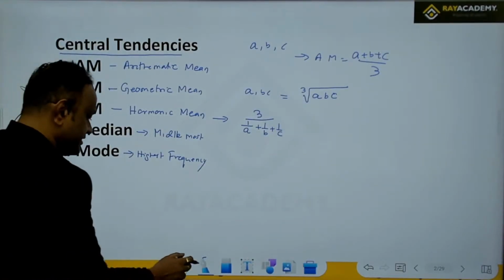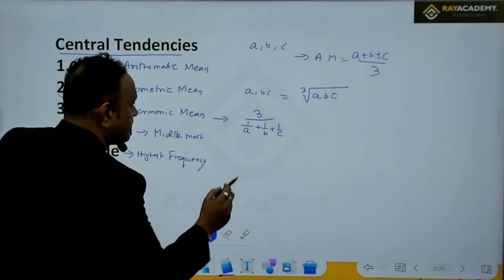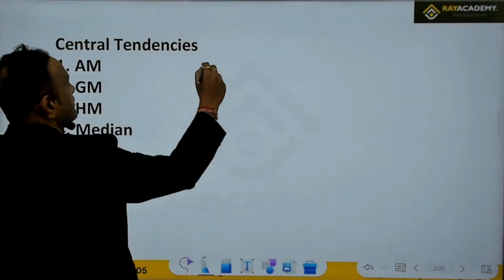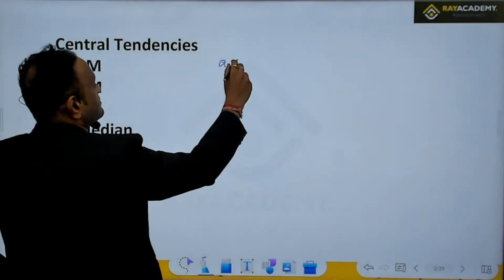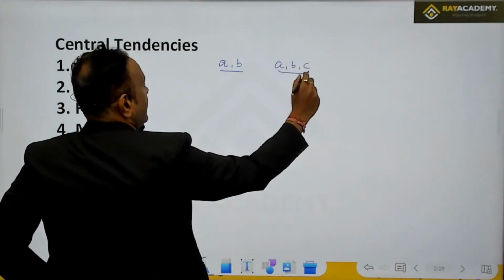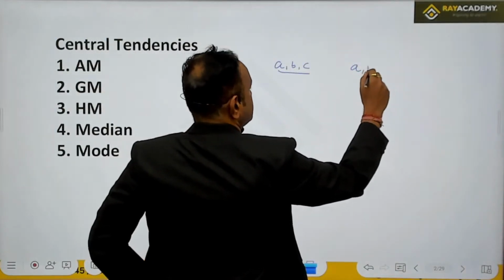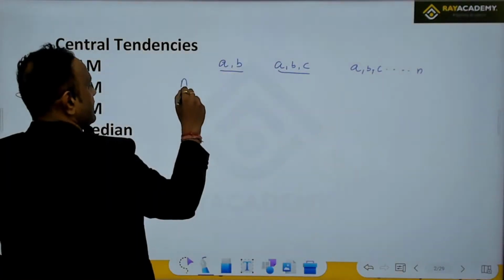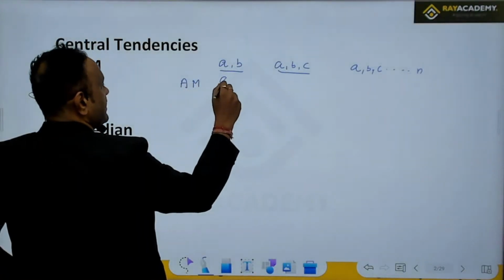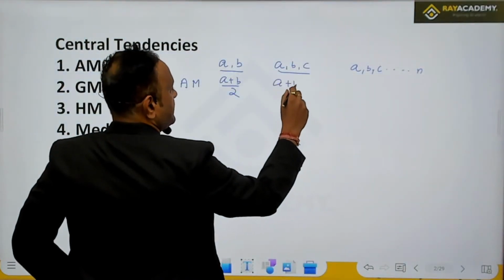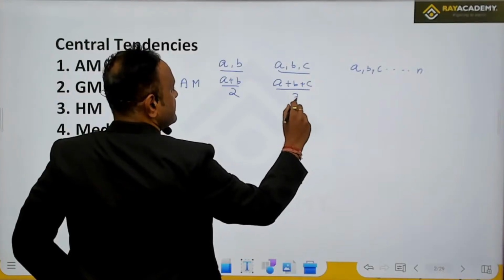Okay, let me write, if there are n numbers, so that you can get it. Let's say there are two numbers, and there are three numbers, and let's say there are n numbers. Arithmetic mean is A plus B by 2. For three numbers, A plus B plus C divided by 3.